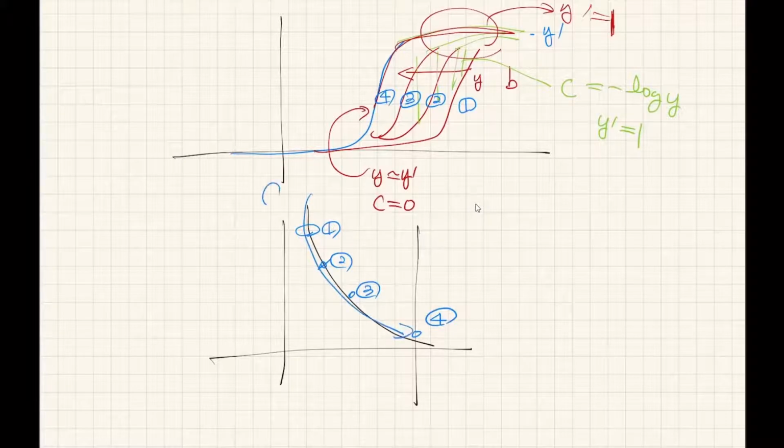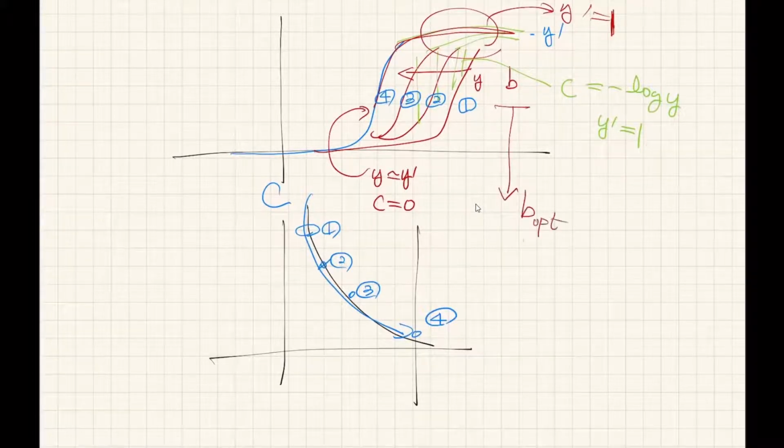This is the cost function. If you are using the entropy cost function, during the training process you will update bias B up to a point, B optimal.